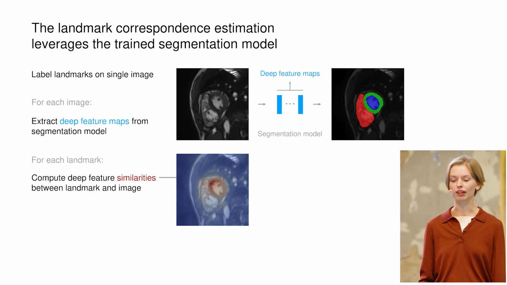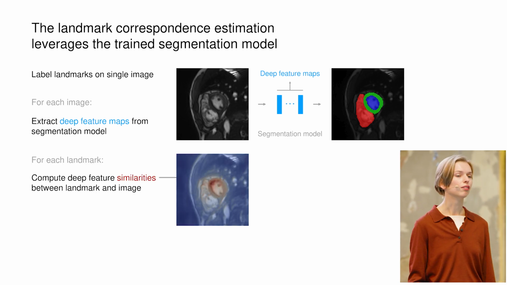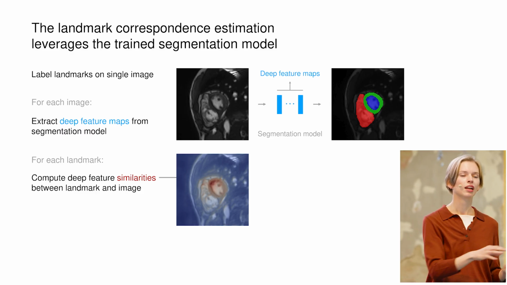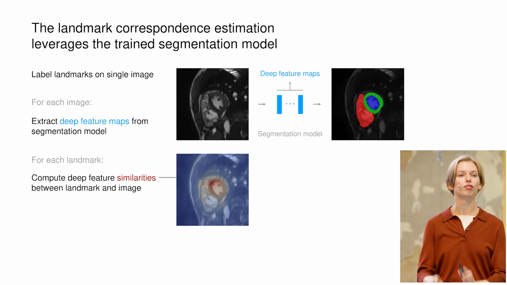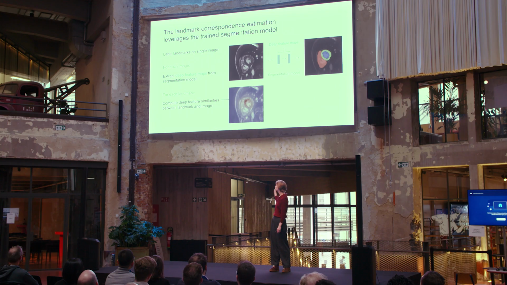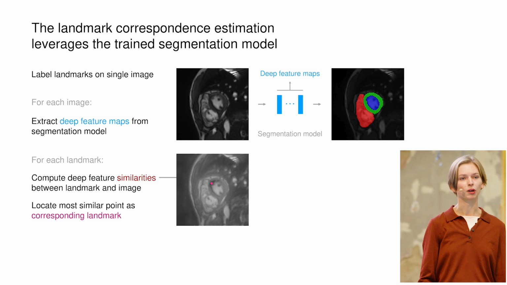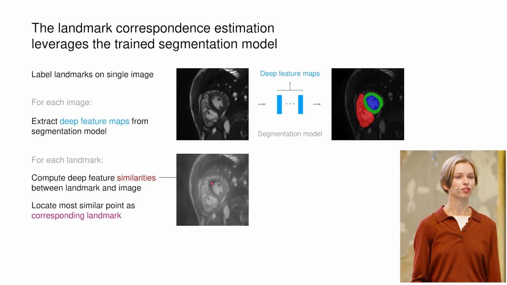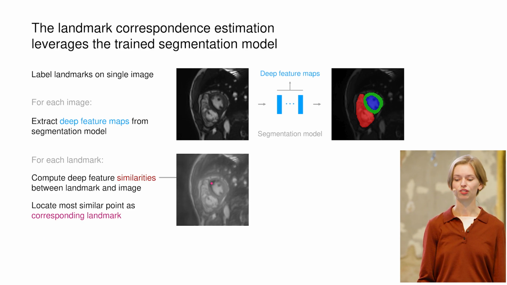Then, for each landmark, we calculate the feature similarity between the feature of the landmark and the feature map of the image where we want to estimate the correspondence. And here you see an example of such a similarity map. Finally, we locate the most similar points as a corresponding landmark. So, this is our approach in a nutshell. Let's now see it in action.